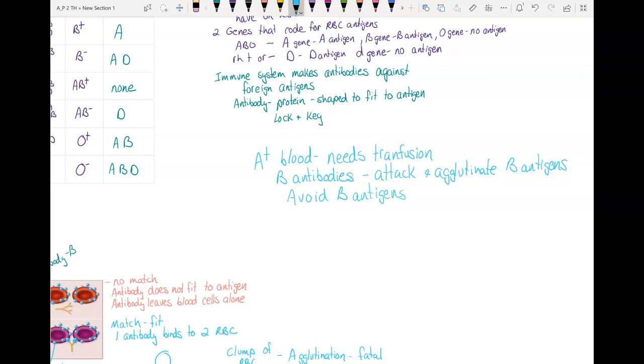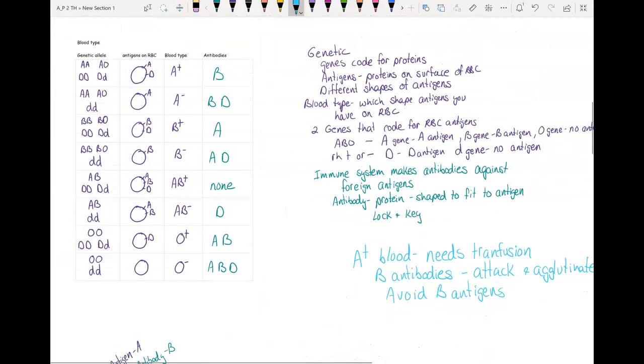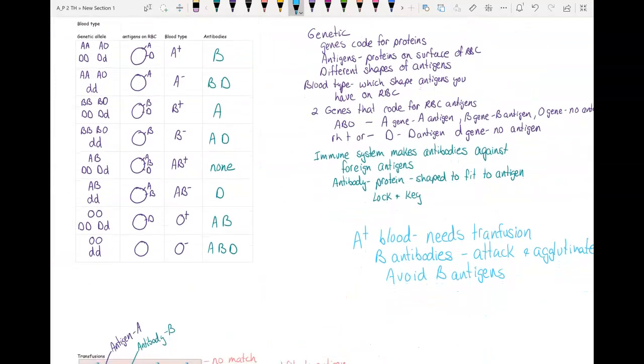So let's look through the list and see what you can get. We'll start off with A positive. There's no B antigens on that blood cell. So A positive is good. You can always get your own blood type. If we look at A negative, again, no B antigens there. So you can get A negative. If we look at B positive, well, it has B antigens. So that one's out.